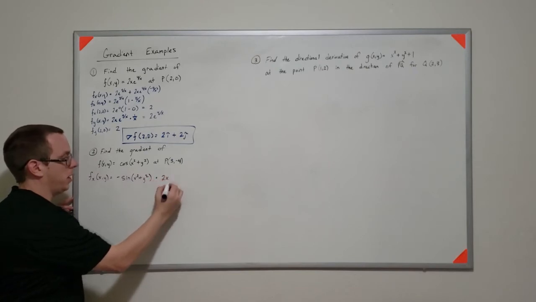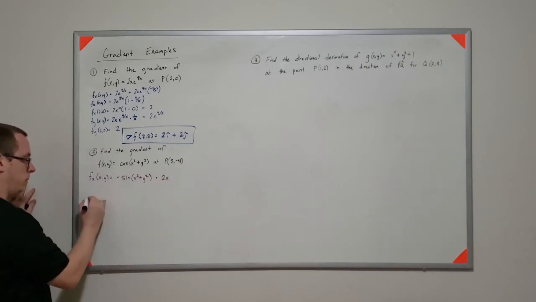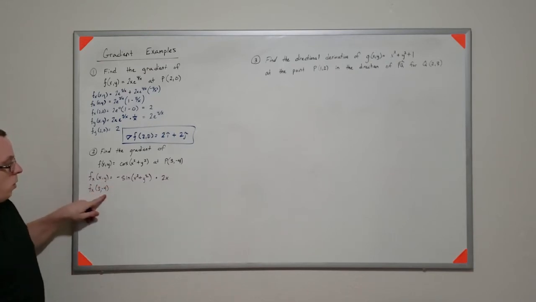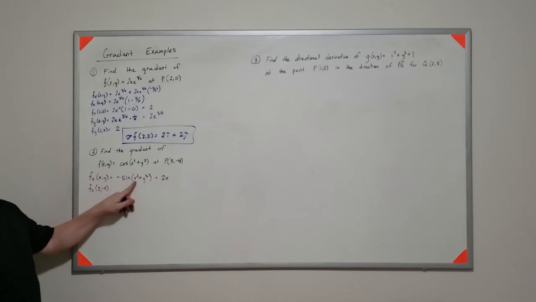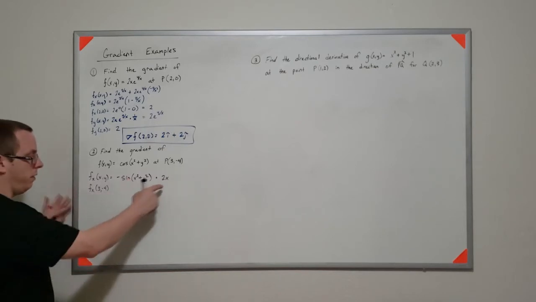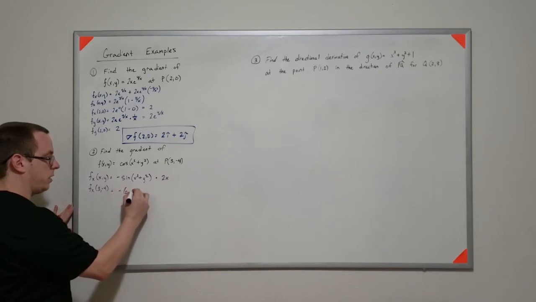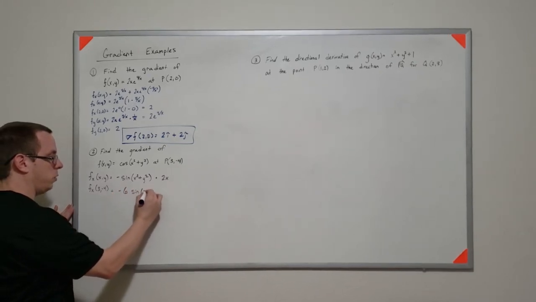So that's 2x. So at 3, negative 4, well, 3 squared is 9, negative 4 squared is 16. So 9 plus 16 is 25. So we end up with negative 6 sine of 25.